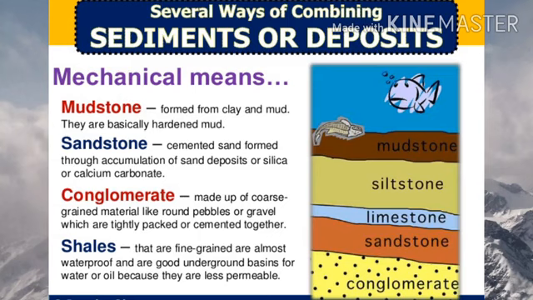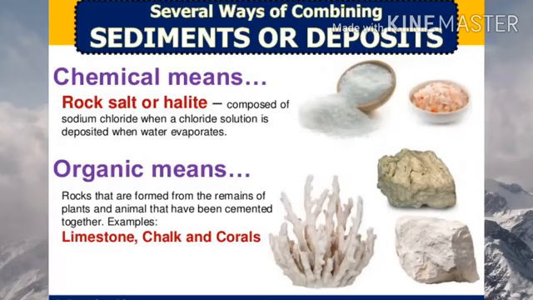These fragments are called sediments. These sediments deposit on the floors of the seas, rivers, and lakes, layer upon layer. These sediments are compressed, hardened, and cemented together by their own weight to form layers of rocks called sedimentary rocks.